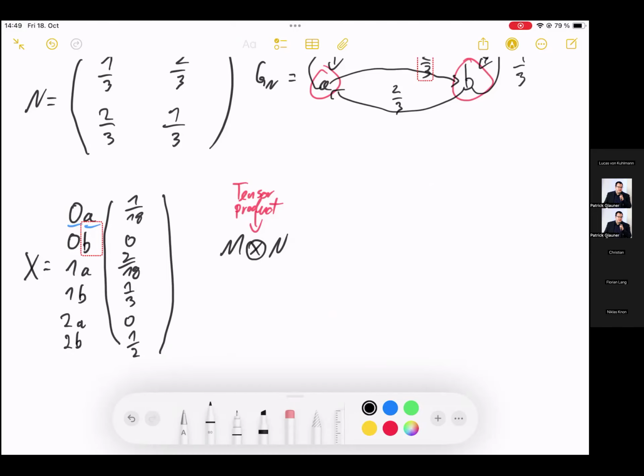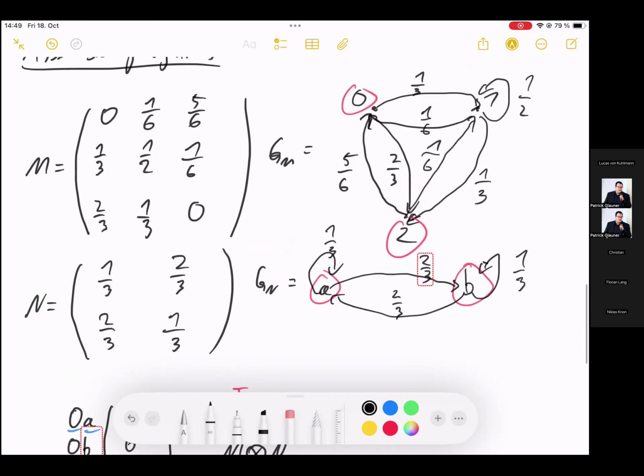And in order to describe these transitions in our system, before we have said, for example, we transition from, say, 0 to 1. But now we need to describe that we have an assembled system or a composite system. So we could have, for example, 0A, and we want to transition to 1B.